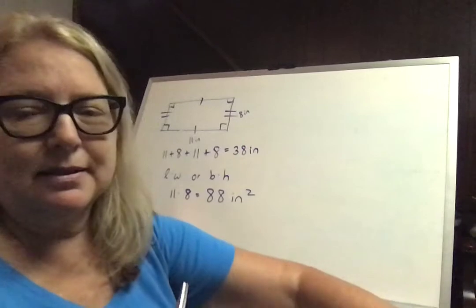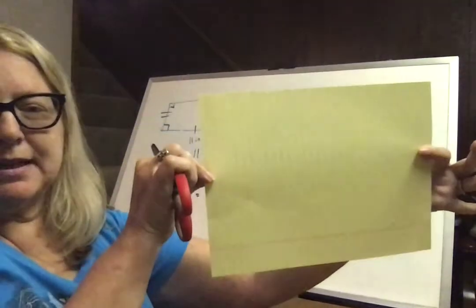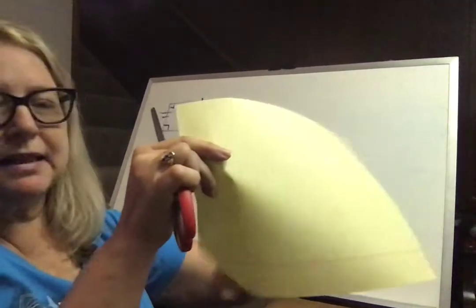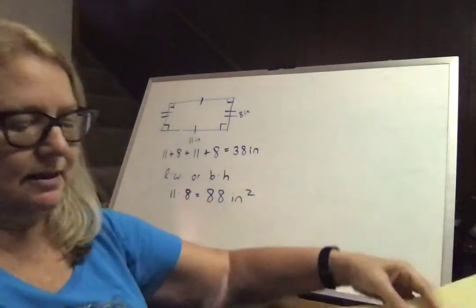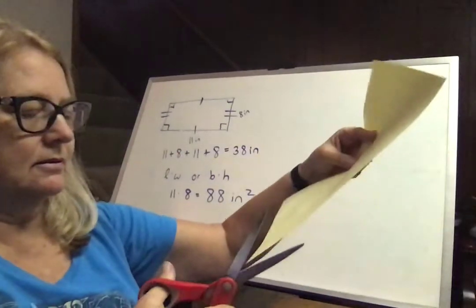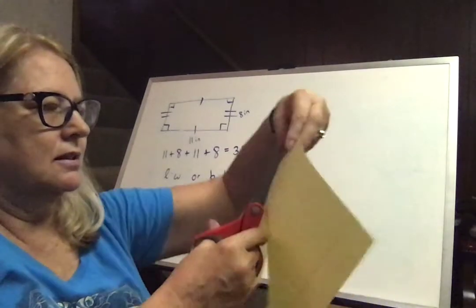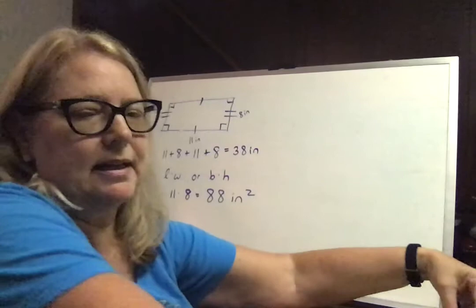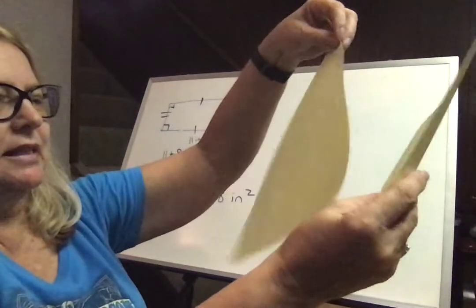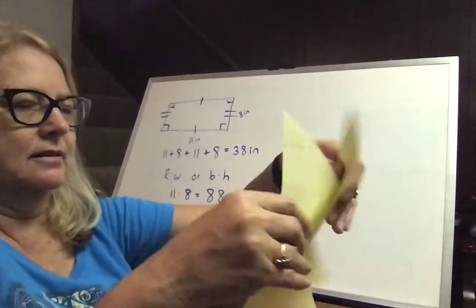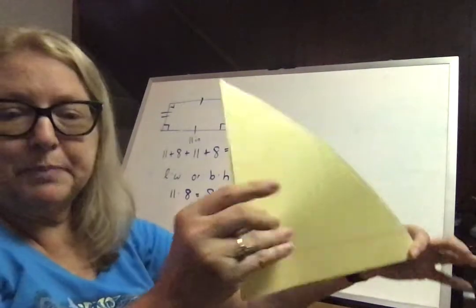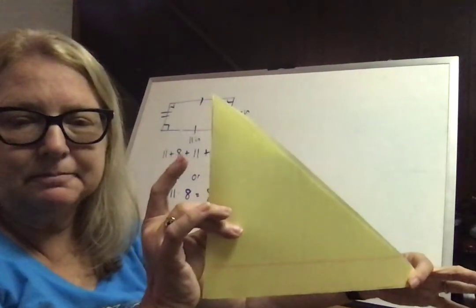Okay, I brought a rectangle here, which is basically 11 times 8, 88. And now I'm going to cut it in half. And if you put these two together just right, they're basically the same exact thing.